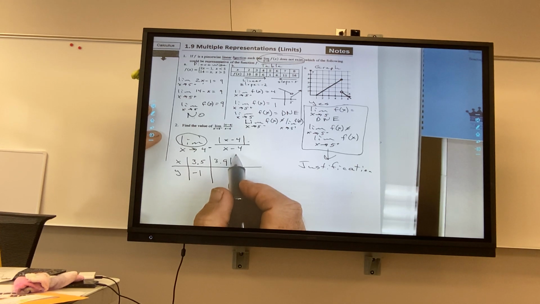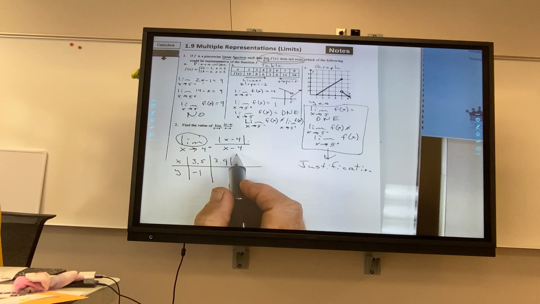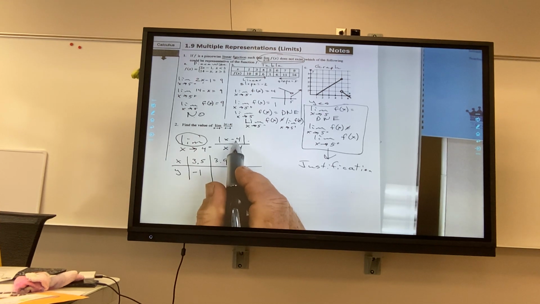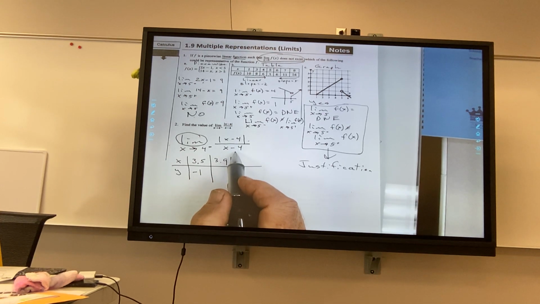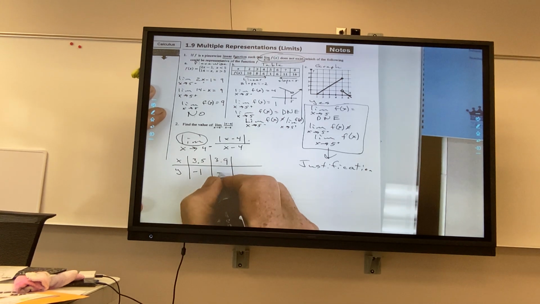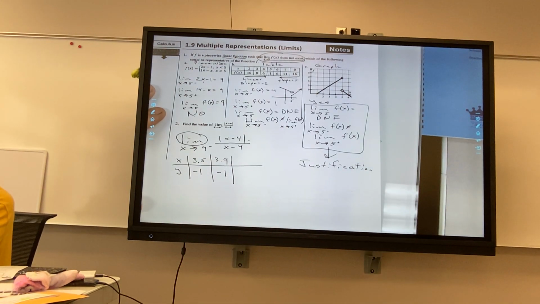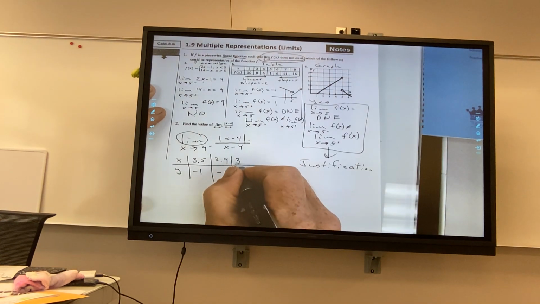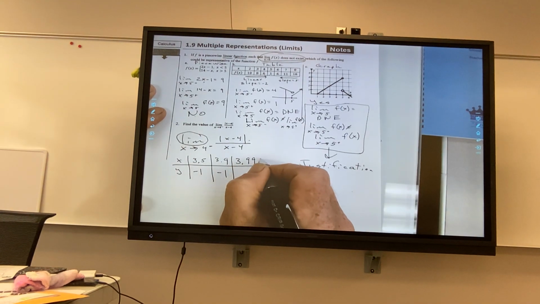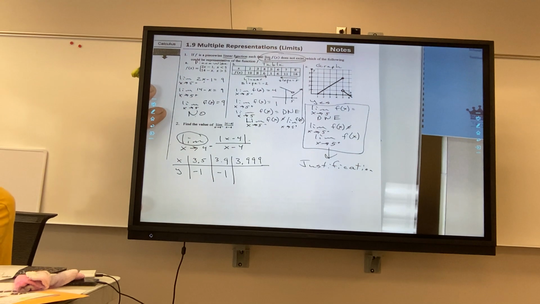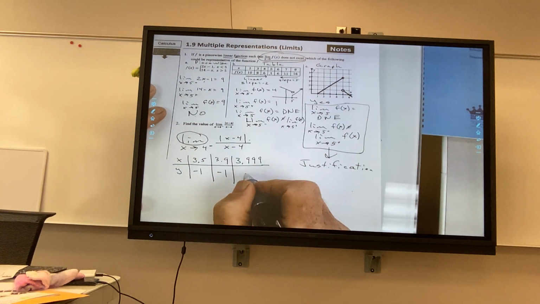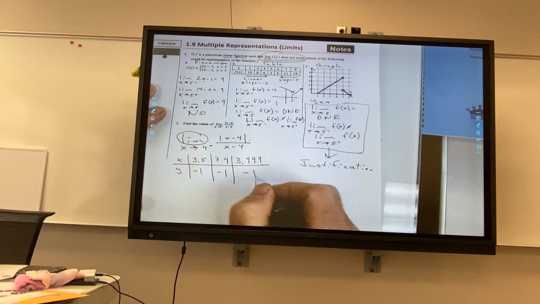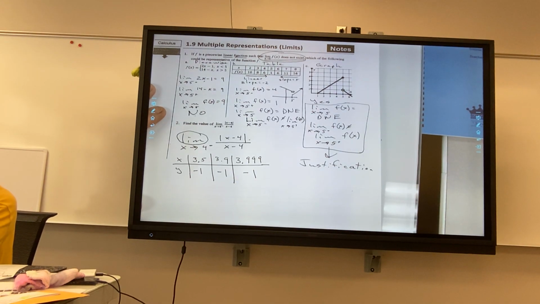They're opposites, aren't they? So I get 0.1 divided by a negative 0.1, which is a negative 1. Now, Matthew, I think this is what you said. The limit is negative 1. Would you agree?